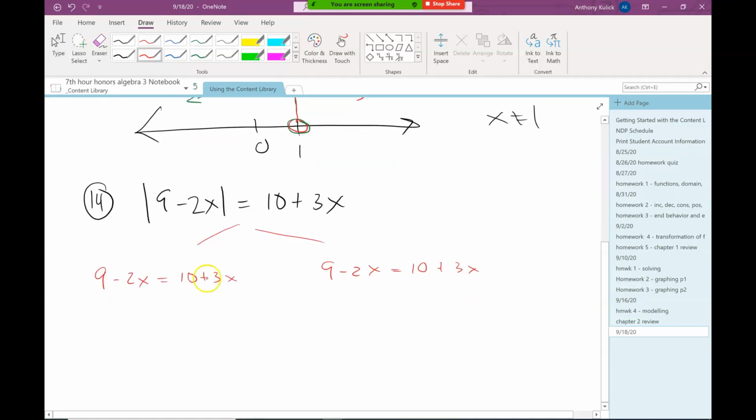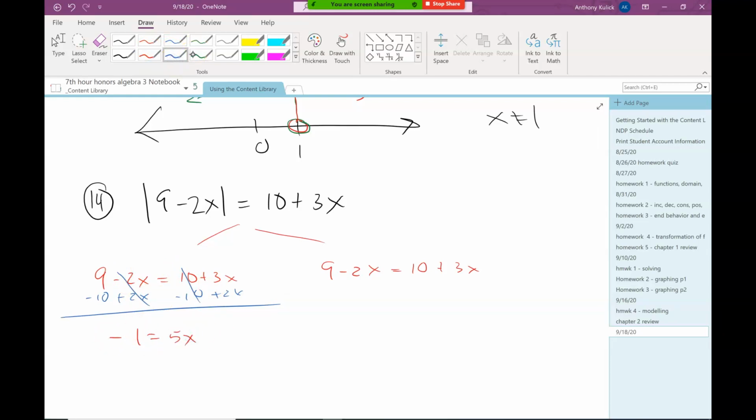Let's move the x's all into one side and the other stuff onto the other. So here I'll subtract 10 and then add 2x. So I have -1 is equal to 5x. And on this one, let's say I subtract 10 and add 2x.